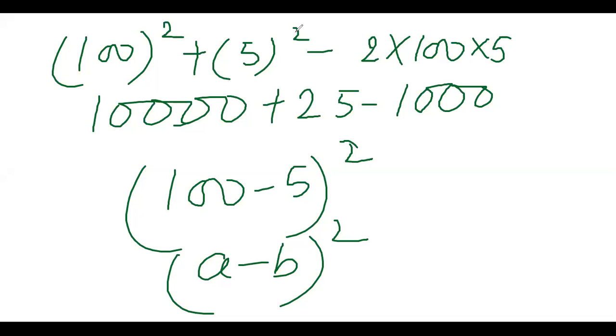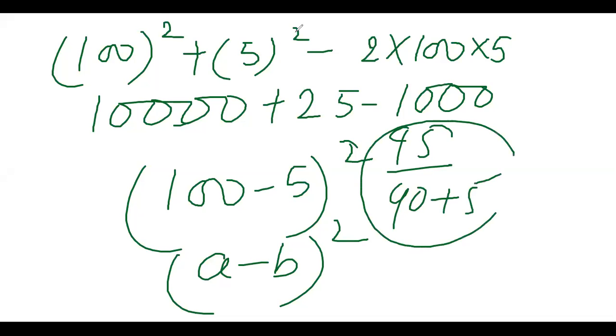Then it will be 9,000 plus 25, 9,025. Yes, you can do 90 plus 5, you can write 95 as 90 plus 5 also. That's your choice. But if we take the nearest tens, hundreds, nearest 100, then it will be easy to solve.